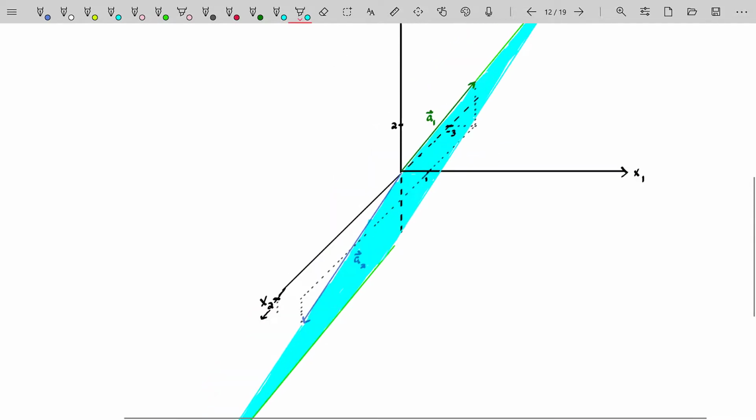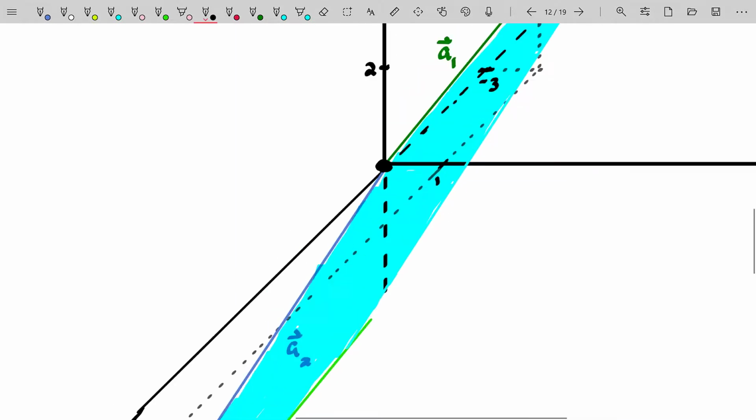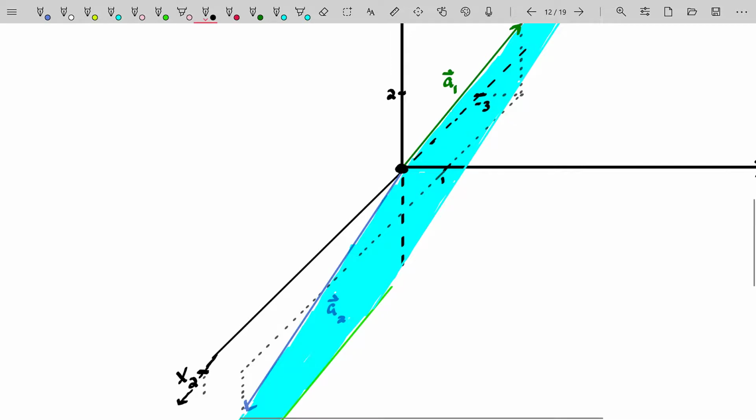You kind of have to turn your head to see it, but that's an infinitely long sheet of paper in R cubed. It goes through the origin right there, and it goes in all directions, right? So it goes this way as well. It still is on a plane, but it goes behind the screen.